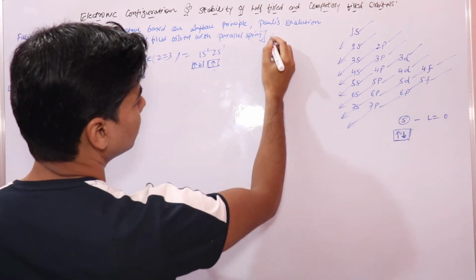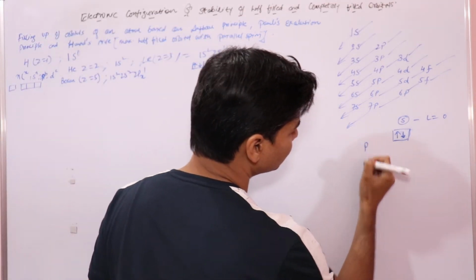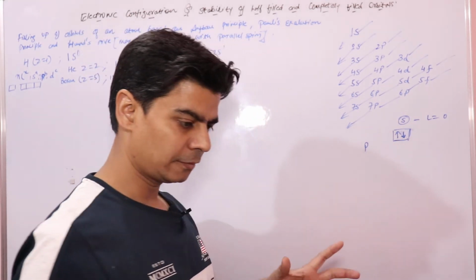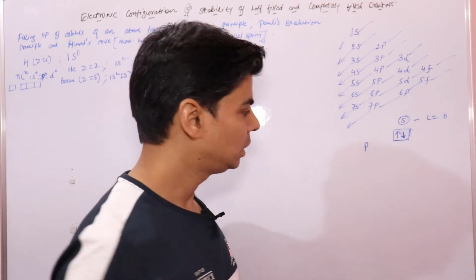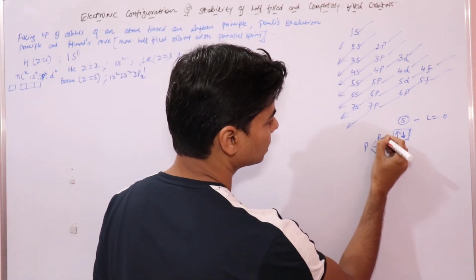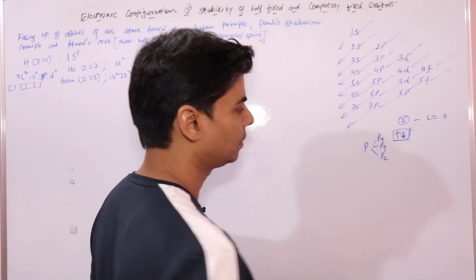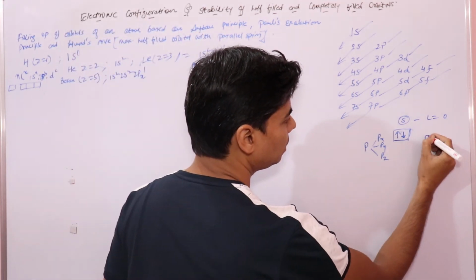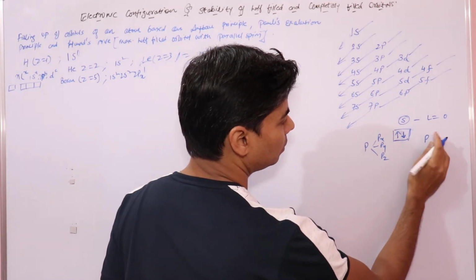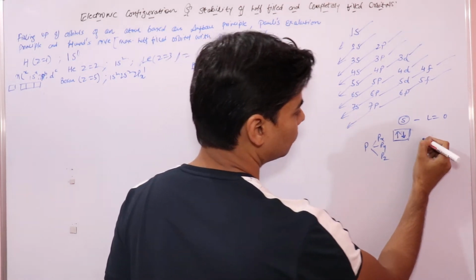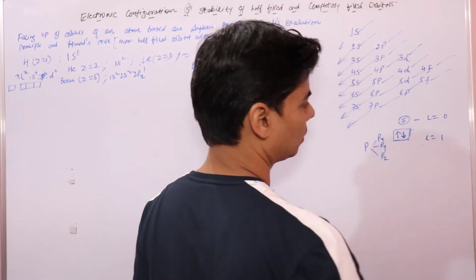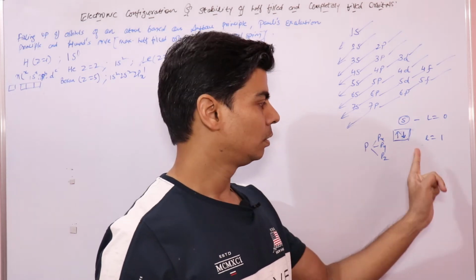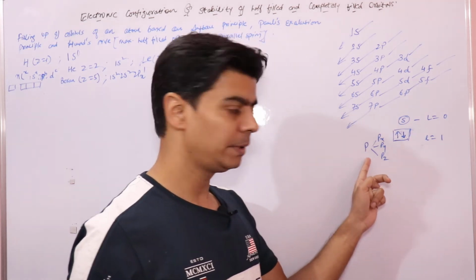Because we know that the p subshell has 3 orbitals, that is px, py, pz. How did we reach this conclusion? For p, l is equal to 1. This is the value of the azimuthal quantum number for the p subshell.